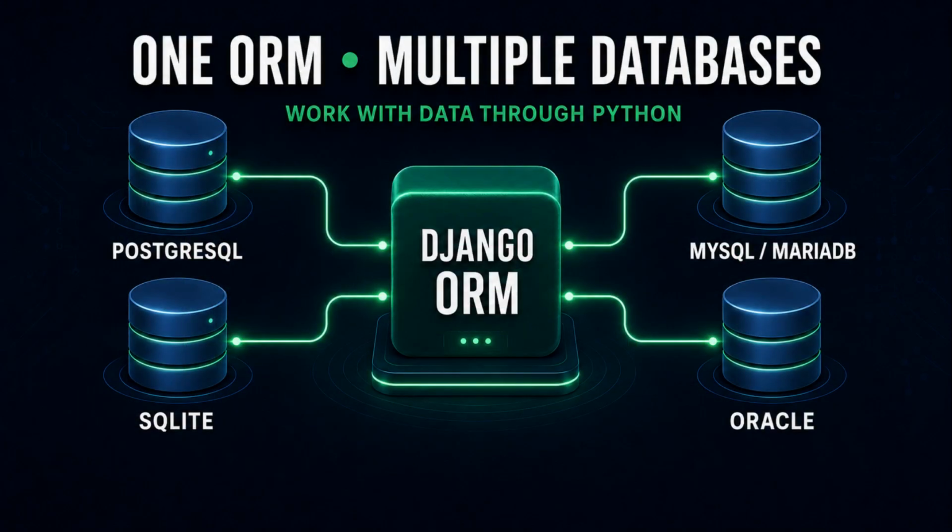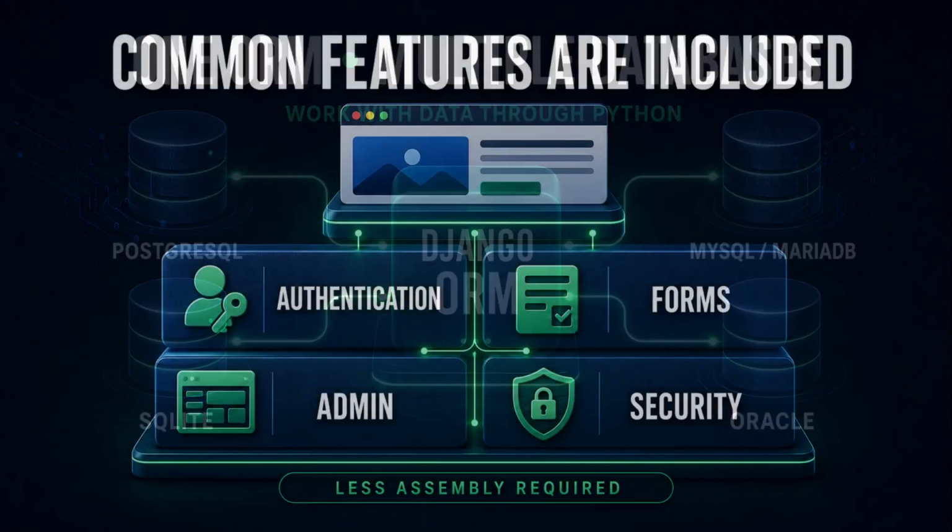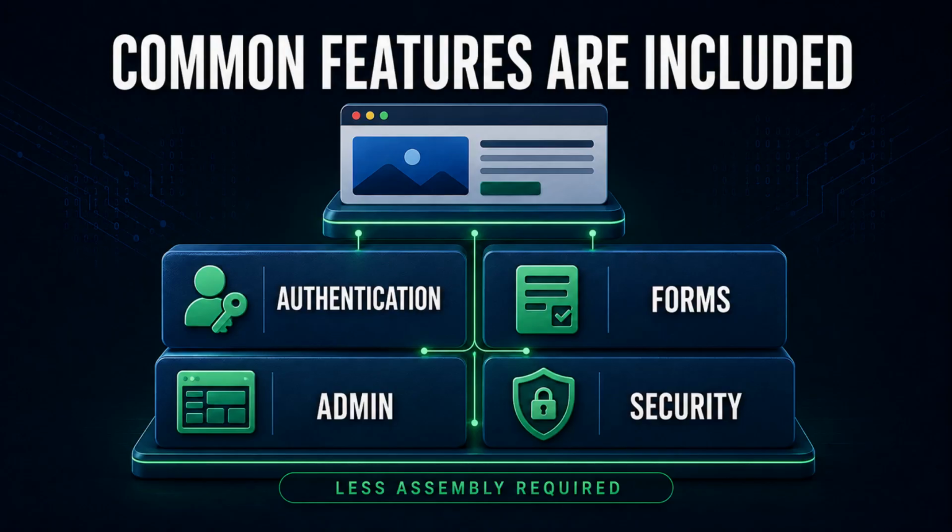The object relational mapper, usually called the ORM, lets Python code work with relational data without scattering database-specific queries throughout the application. Django supports several relational databases, including SQLite, PostgreSQL, MySQL or MariaDB, and Oracle. Many features applications commonly need are included: authentication, forms and validation, an administration interface, and important security protections.